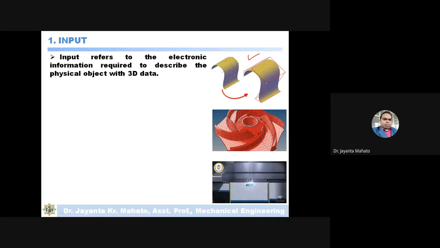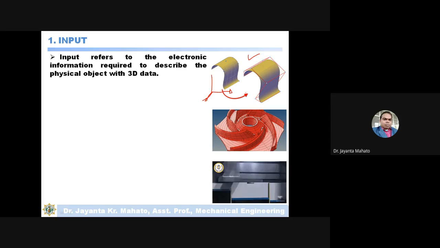Here, not only x and y directional data are there. There is another direction, perpendicular to this screen, that is the z direction data. So to represent this type of physical object, three-dimensional data are required. This may be a surface or a solid type, whatever it is.